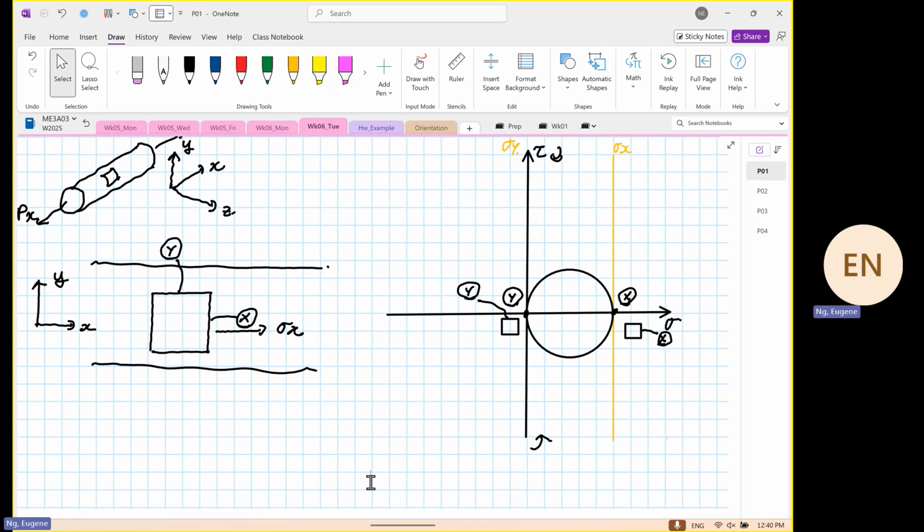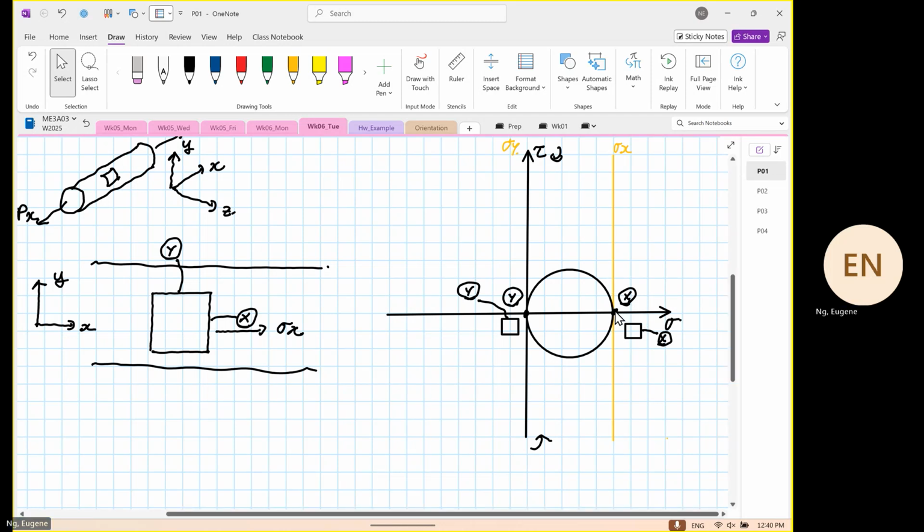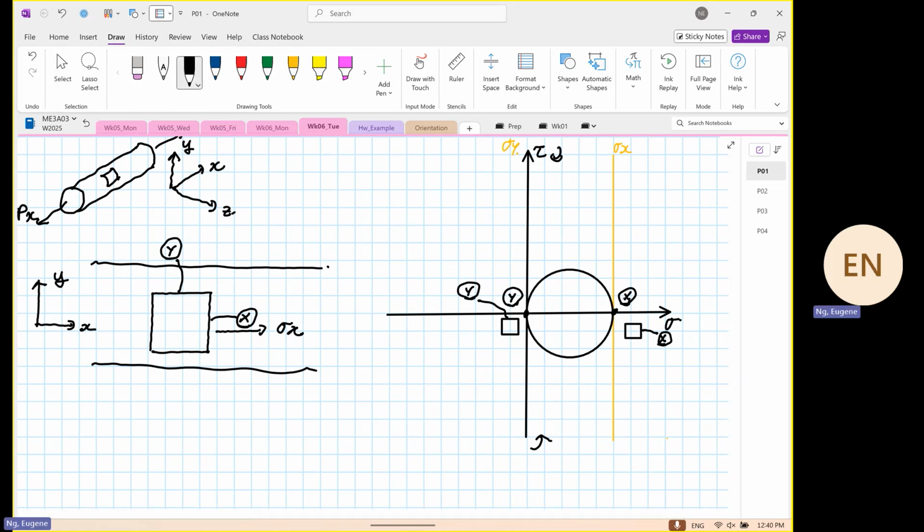The surface is perpendicular, right? The surface is flat. Yes or no? It's perpendicular. So what it means is X, okay? The X surface over here is your what?